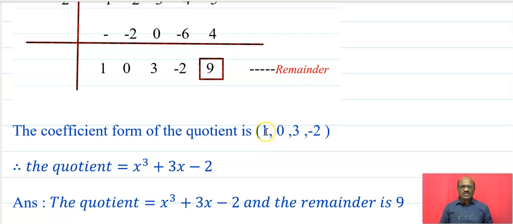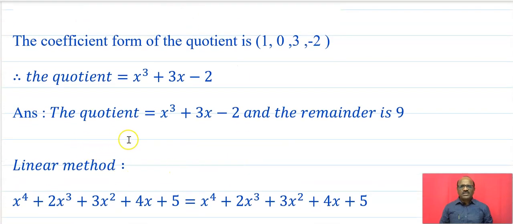Therefore the quotient is 1x cube, that is x cube. 0x square I had not written. Next 3x and minus 2. Therefore the quotient is x cube plus 3x minus 2 and the remainder is 9.